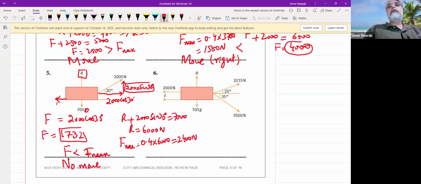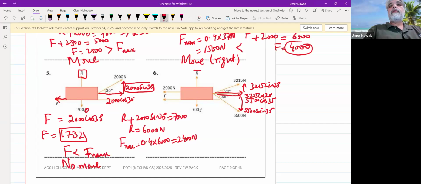Now come to question number 6. The 3215 force has to be resolved. So this is 3215 cosine of 20 and 3215 sine of 20, and also resolve the downward force: 5500 cosine of 35, and this is 5500 sine of 35.